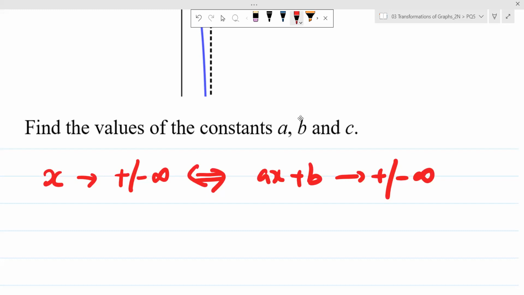For example, if x goes to infinity, 3x plus 5 goes to infinity. Negative 5x plus 2 goes to negative infinity. So right now, I'm not bothered about the plus minus. Let me not care about the plus minus, okay? I just care about the infinity part.